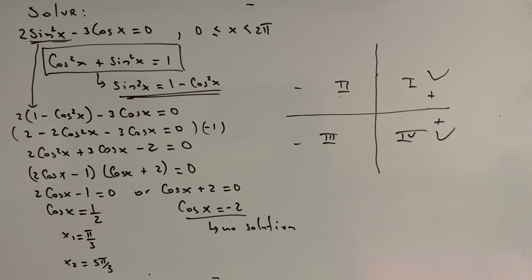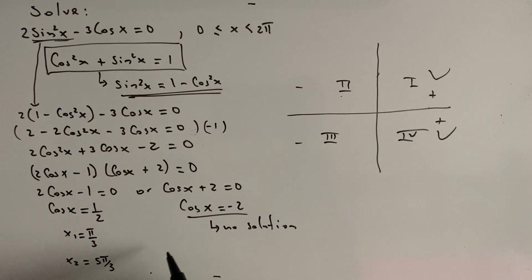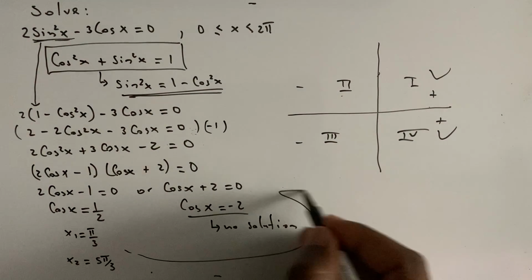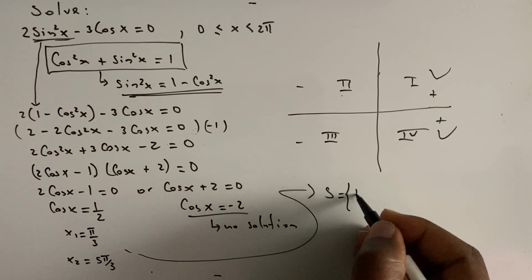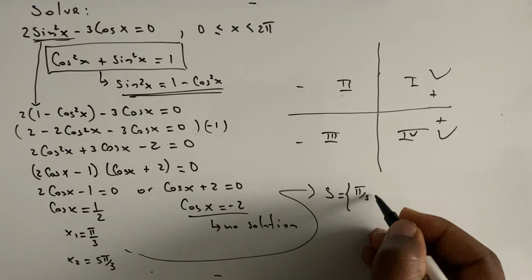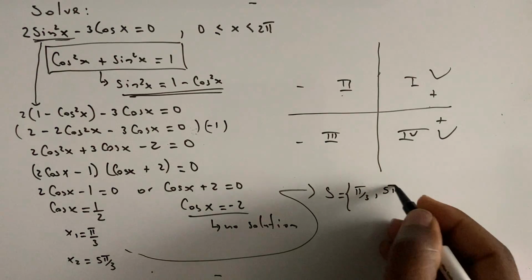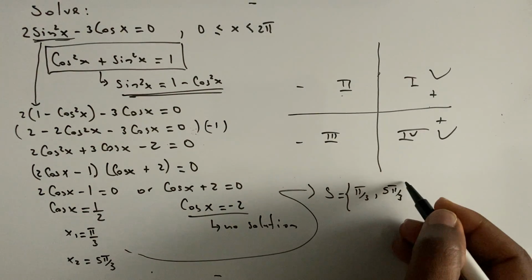So this is how you know that the solution is pi over 3 and 5 pi over 3.